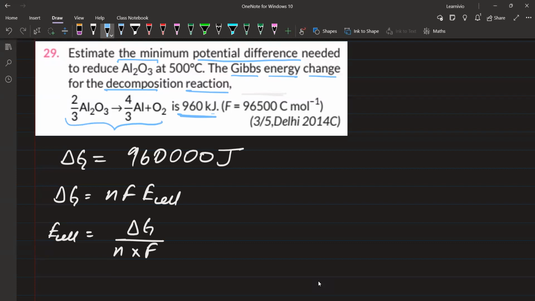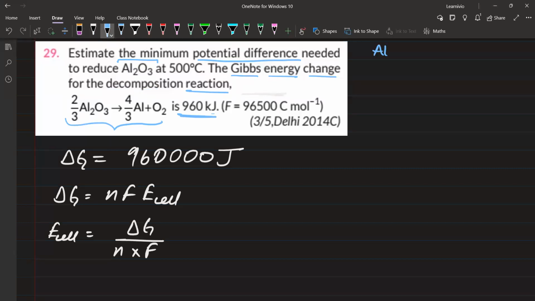In Al2O3, aluminium will be in the +3 state, and this aluminium is getting converted to 0. Make sense till here? Yes or no? Let me show it completely.